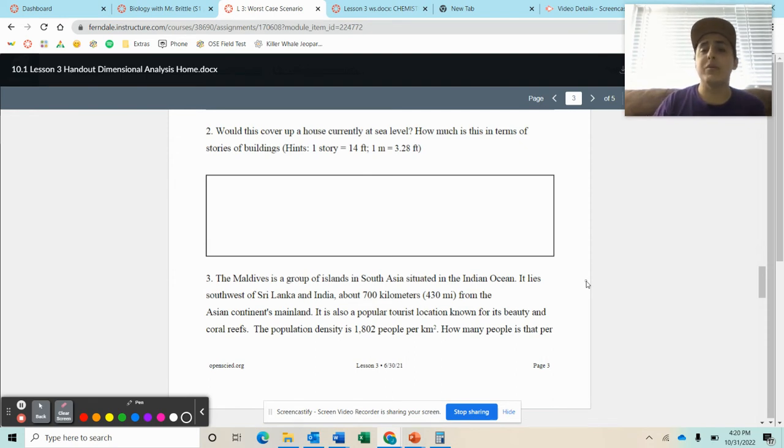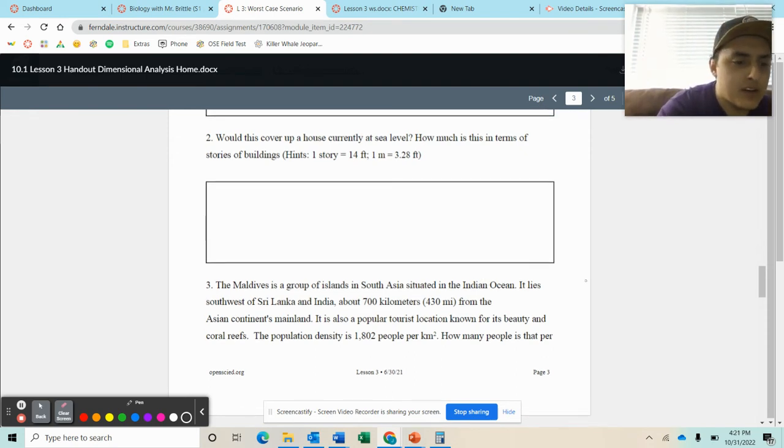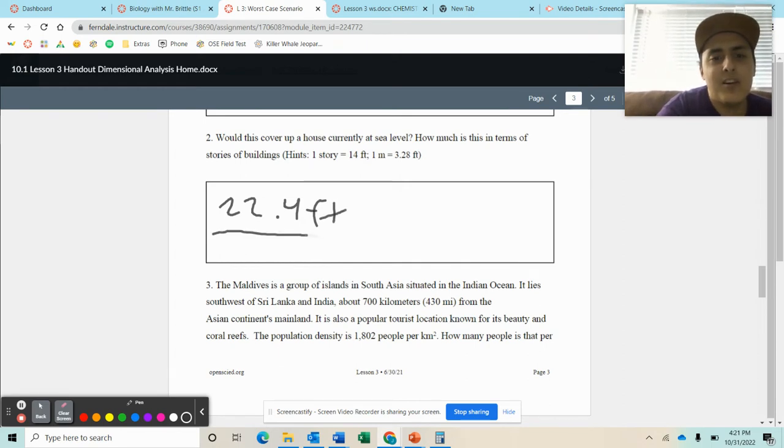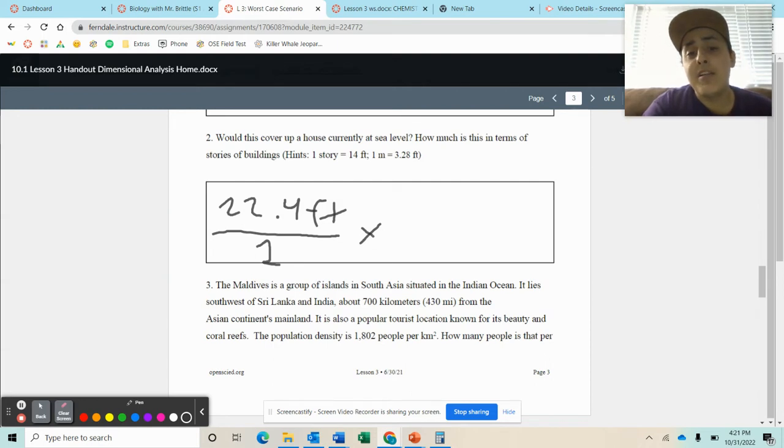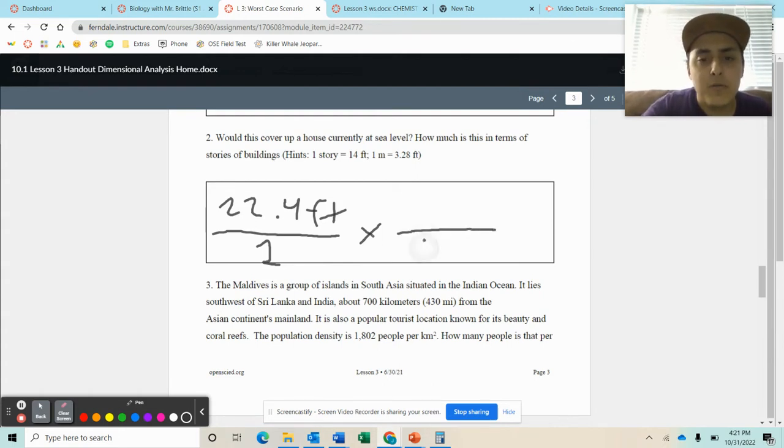Our starting number that we just calculated was 22.4 feet over 1, multiplied by the conversion factor, or in other words, how many feet are there in a story? 14. Remember, we want it to be diagonal so that those units cancel out. So down here, 14 feet, and that equals 1 story.